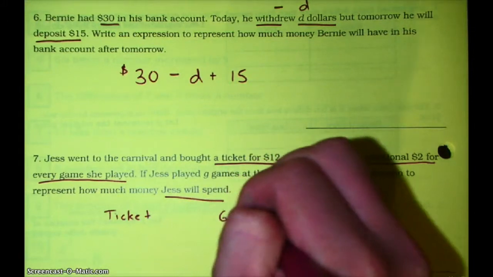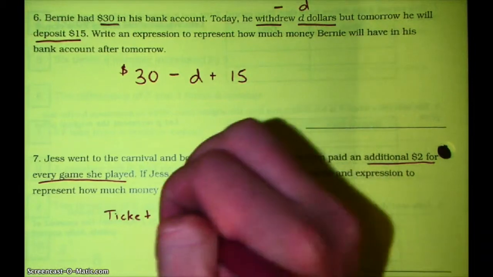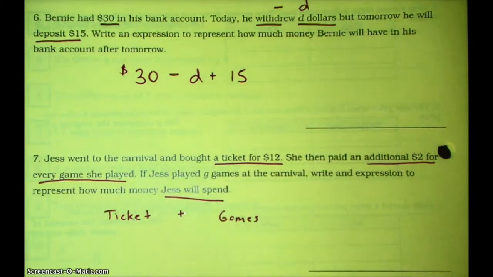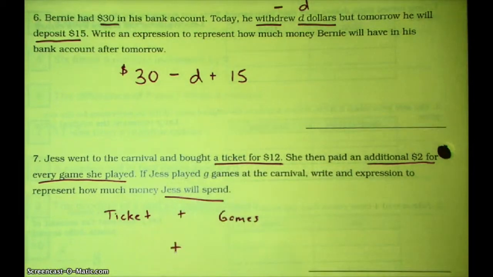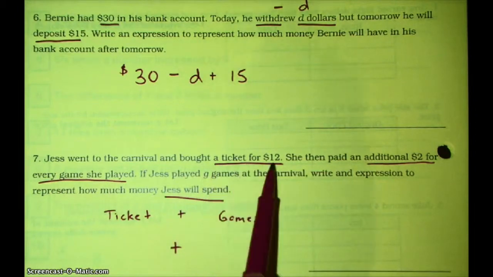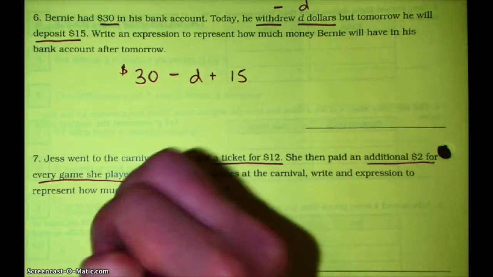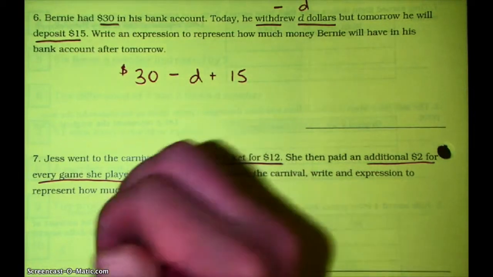And to find a total amount of money that she will spend, what we'll need to do is find the price that she'll pay for the ticket, find the price that she'll pay for the games, and then add the two together. So in my expression, I'll have adding in the middle. Now you'll notice it says Jess went to the carnival and bought a ticket, one ticket for $12. So my first part of my expression will be 12, because that's how much the ticket costs.